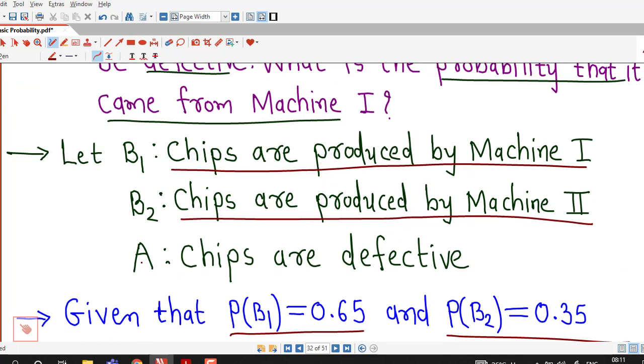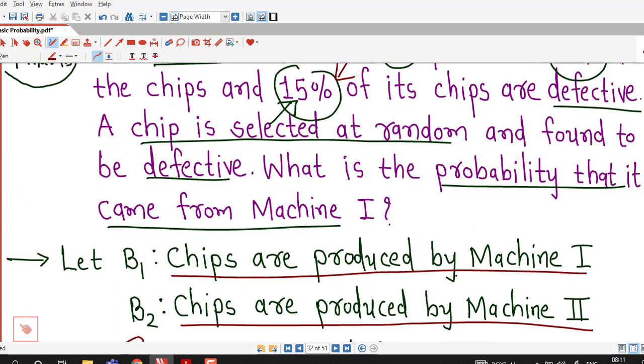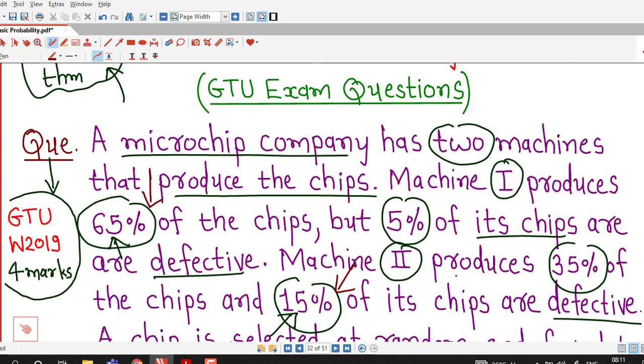Now if we consider event A as chips being defective, then as given, machine 1 produces 65% of the chips, but 5% of its chips are defective.